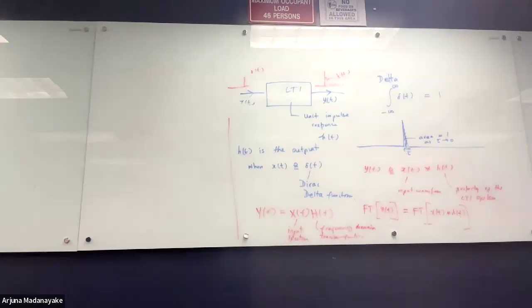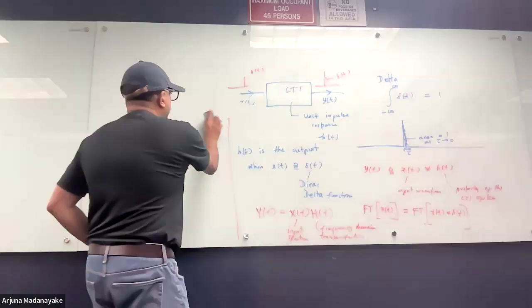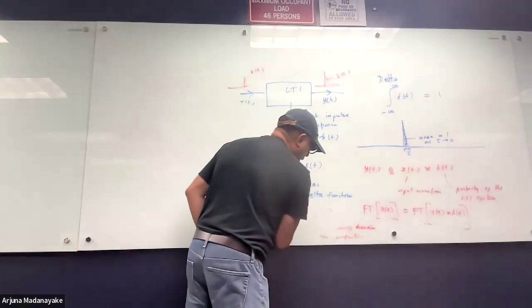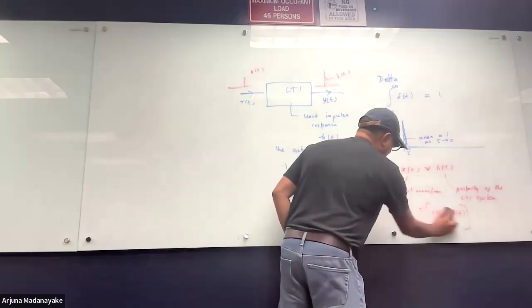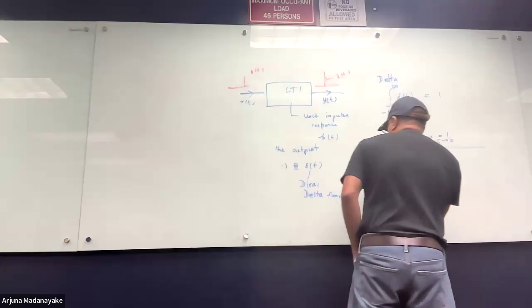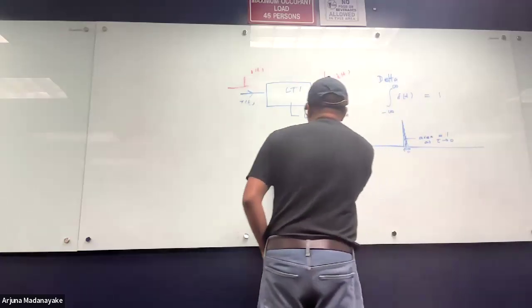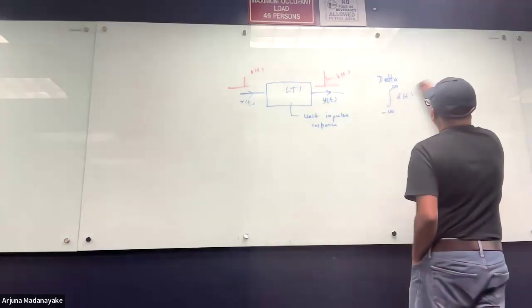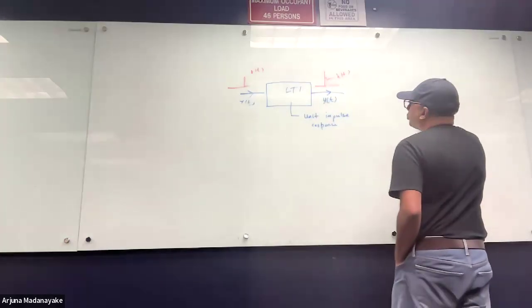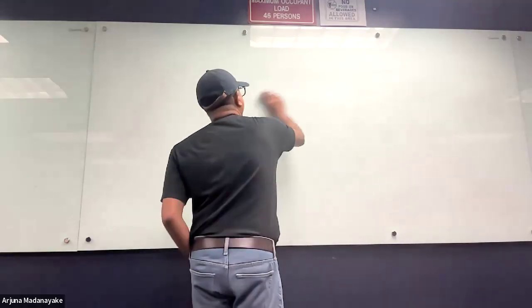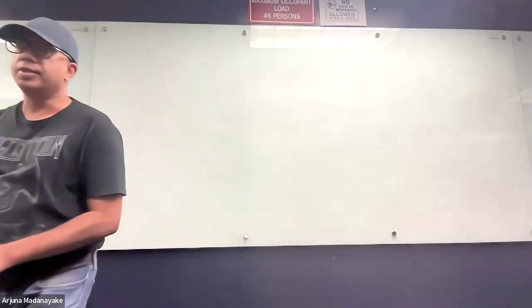So I'll give you a flavor of what this means. Let's say you have a typical application, and let's say you want to build your own AM radio, a simple radio receiver.